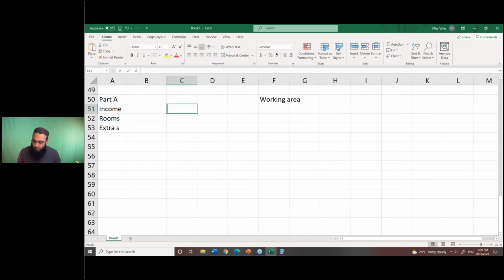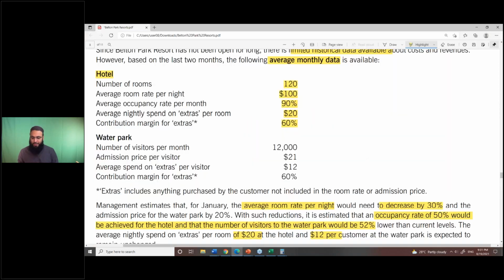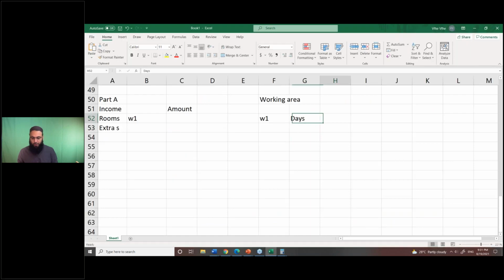So the first thing is working one, and here I'm doing working one. Let's first of all look at the days available. I'm showing you a detailed working just for your ease, but you can just write everything in one cell through one formula. That's acceptable.